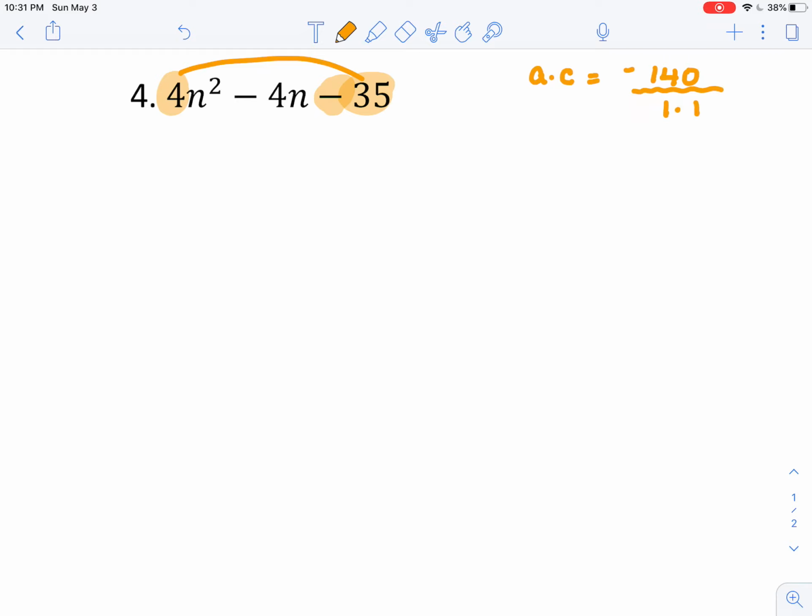I can list the factors of 140. So 1 times 140, 2 times 70, 4 times 35, 5 times 28, 7 times 20, and 10 times 14.